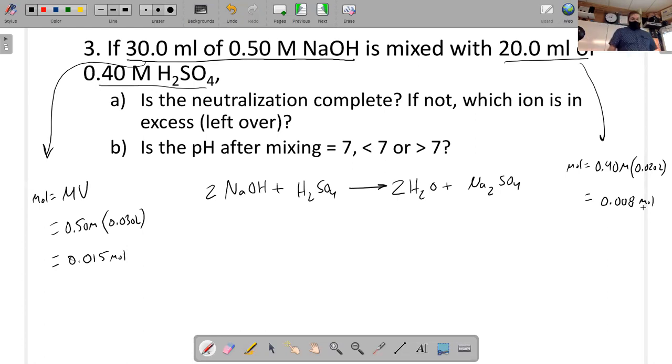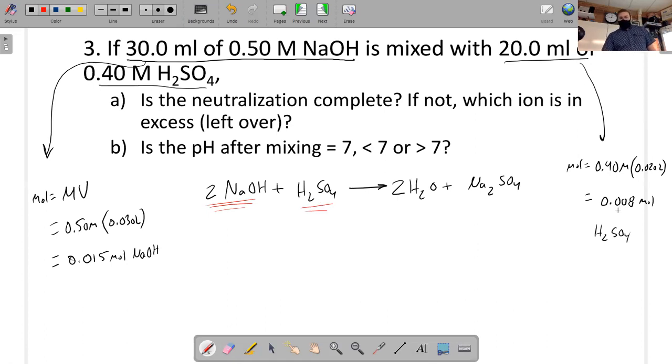So now it looks like you need twice as much sodium hydroxide as sulfuric acid in order to make the neutralization complete. When you compare these quantities, this was the number of moles of sodium hydroxide, and that's the number of moles of H2SO4. The equation says that you need to have twice as much sodium hydroxide as sulfuric acid.